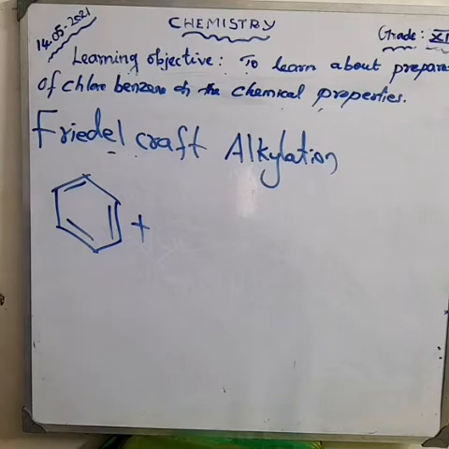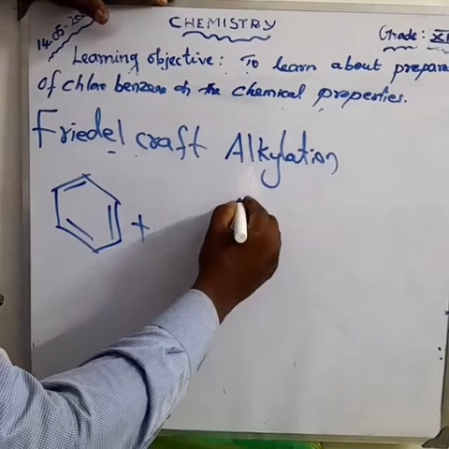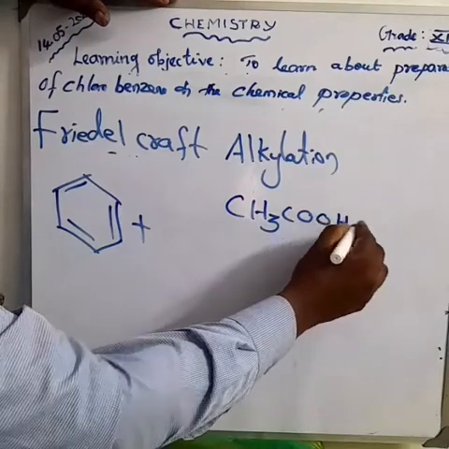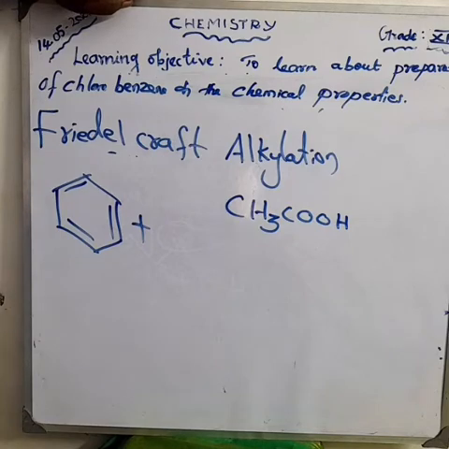First you have to write the formula for acetic acid. Do you know the formula for acetic acid? Yesterday I told you that. Acetic acid formula is CH3COOH. This is the common name of acetic acid. What is the IUPAC name of acetic acid?